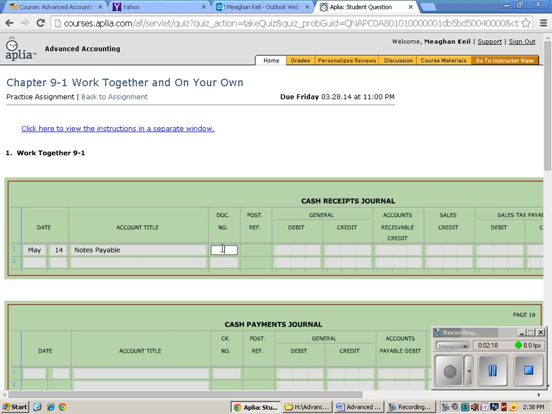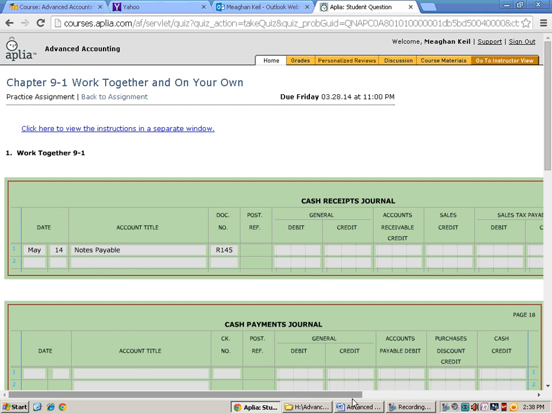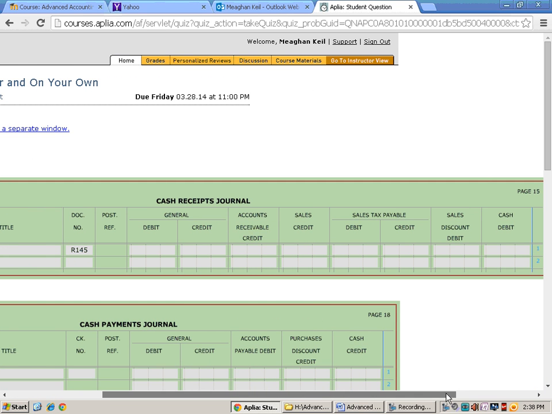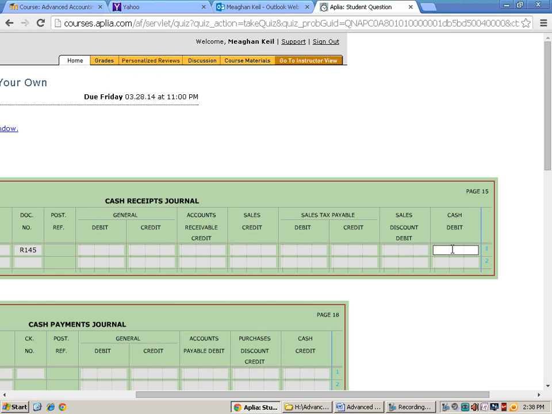Our document number is receipt 145. We are receiving the cash. We borrowed $5,000, so our cash debit is going to be $5,000, and our general credit, $5,000. We have to pay back $5,000 in 90 days with a 12% interest rate to First National Bank.